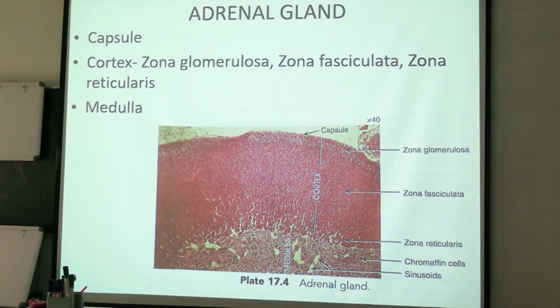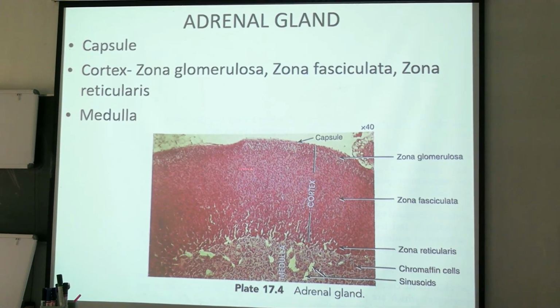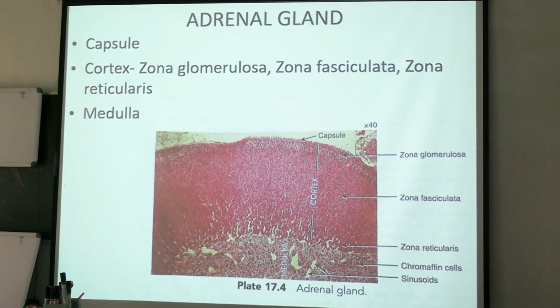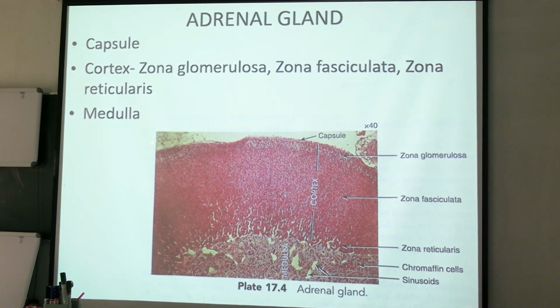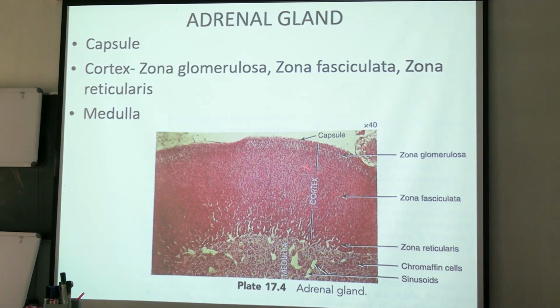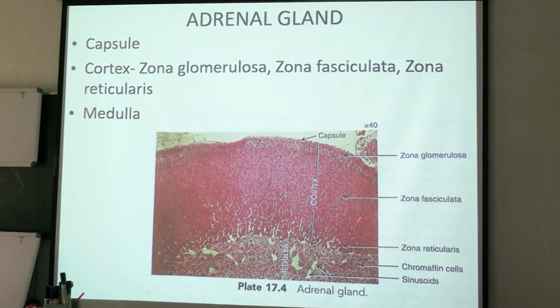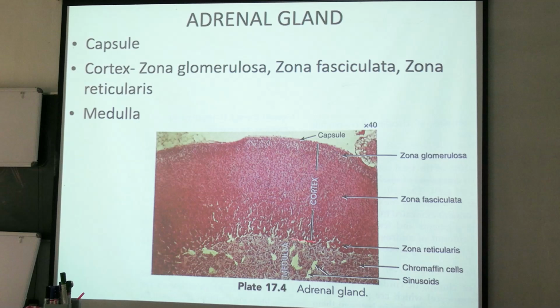You remember this picture. Outermost here is the cortex. Then you see this small zone, the zona glomerulosa. After this, the large thick portion is the fasciculata, and this part is the reticularis. More sinusoids or white areas are visible in the reticularis.